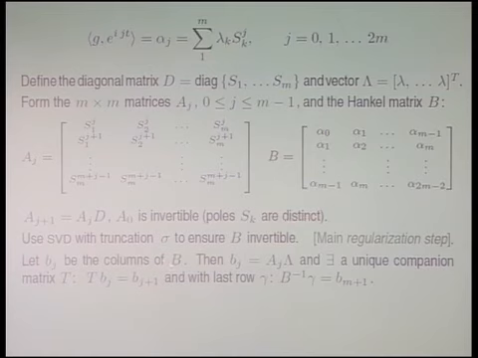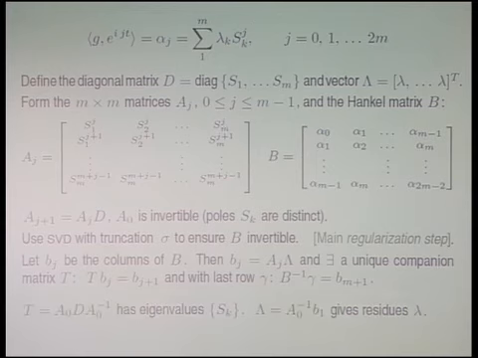So if the b_j are the columns of B, you can show this. And so there's a companion matrix that takes the columns of this matrix B, one into the other. Takes this into that, into that, into that. And the last row is given by this. And T has eigenvalues s_k. And then this gives you the residues.